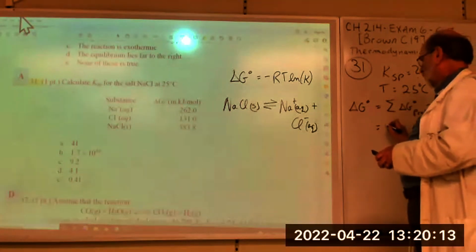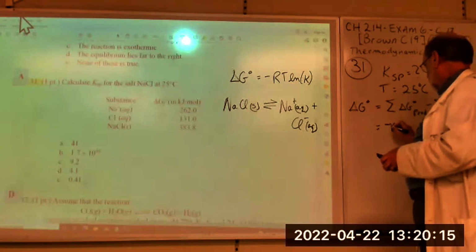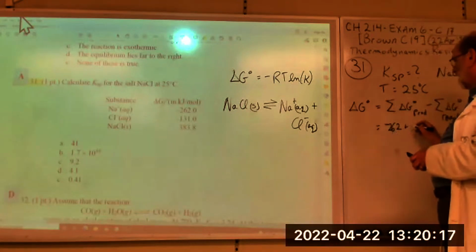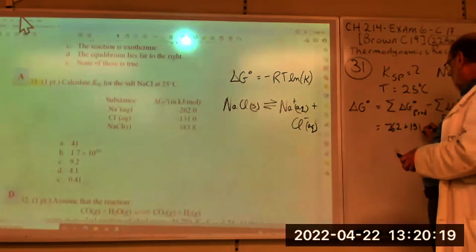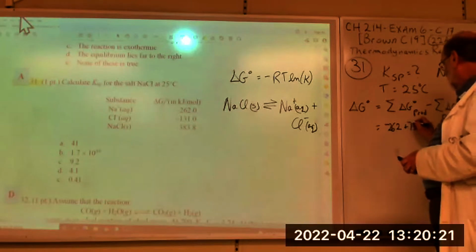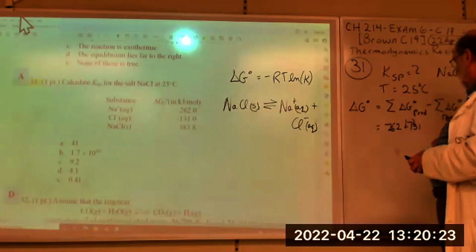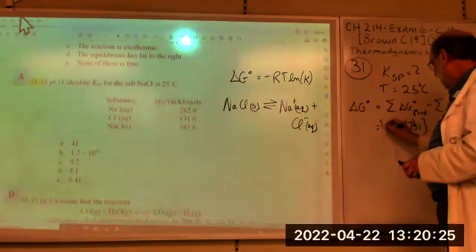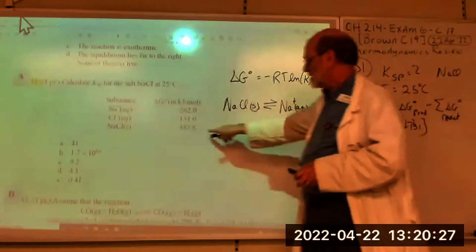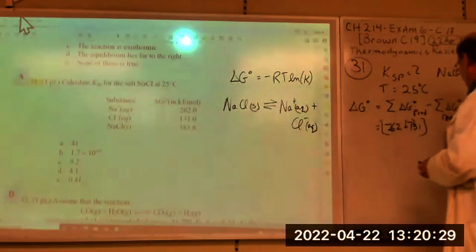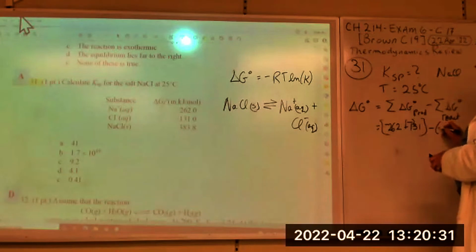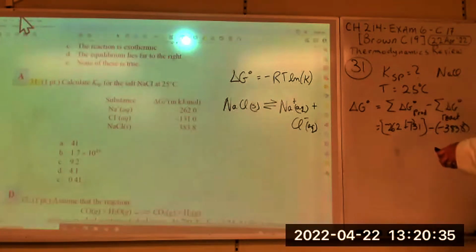Sum of this one, 262 plus 131, actually it's minus. And then minus this one, 383.8, minus a minus 383.8. Right?